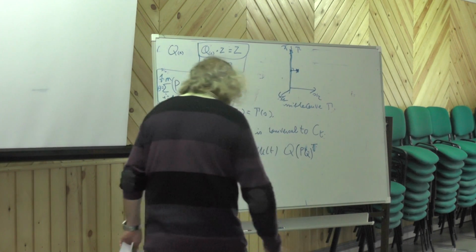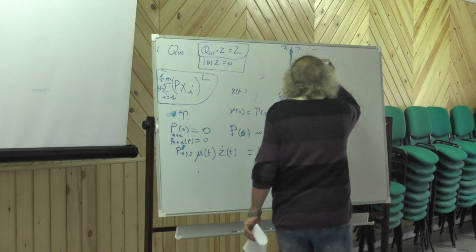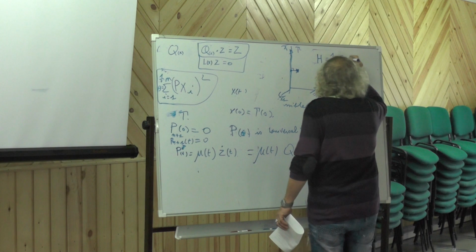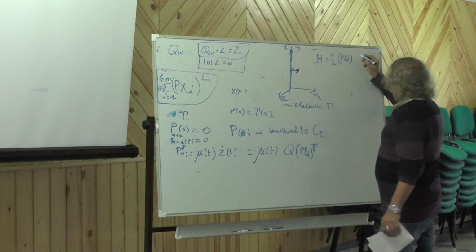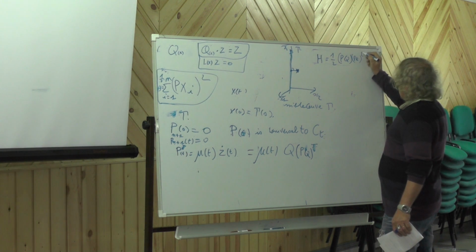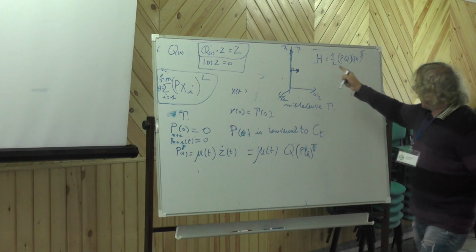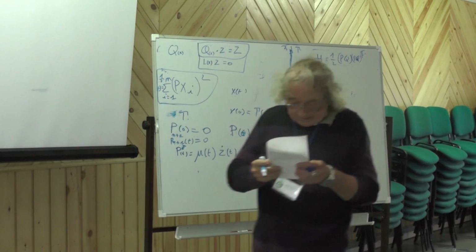This is due to the fact that this Hamiltonian, in my abbreviated notation, H, is 1/2 of PQ PQ transpose. This Hamiltonian, in my abbreviated notations, is just this, okay? It is like that.